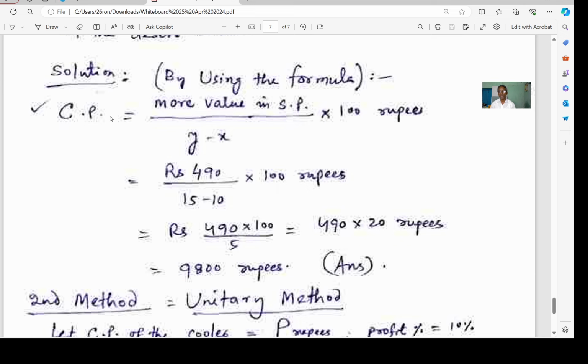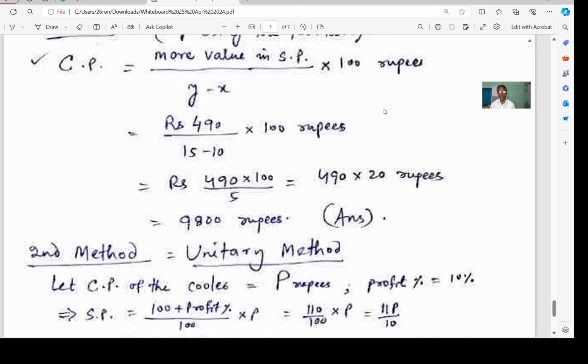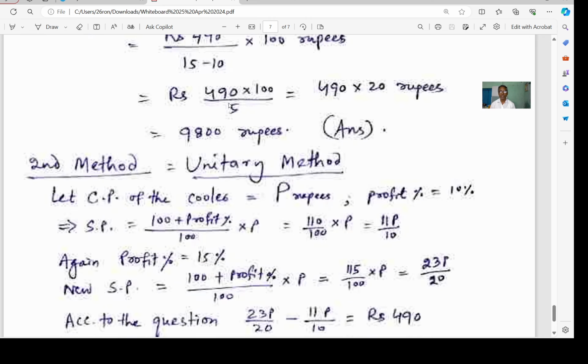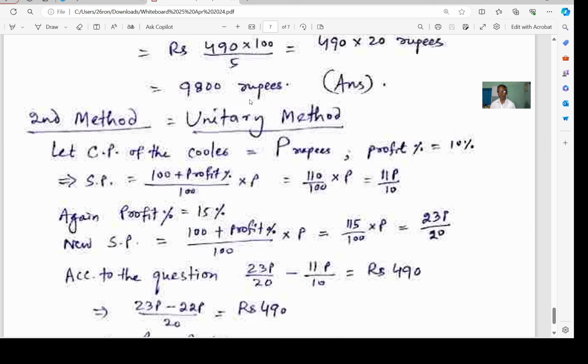Using the formula, cost price is equal to more value in SP divided by (Y minus X) multiplied by 100 rupees. This is equal to 490 divided by (15 minus 10) into 100. This is equal to 490 into 100/5, which is 490 into 20. This is equal to 9,800 rupees.